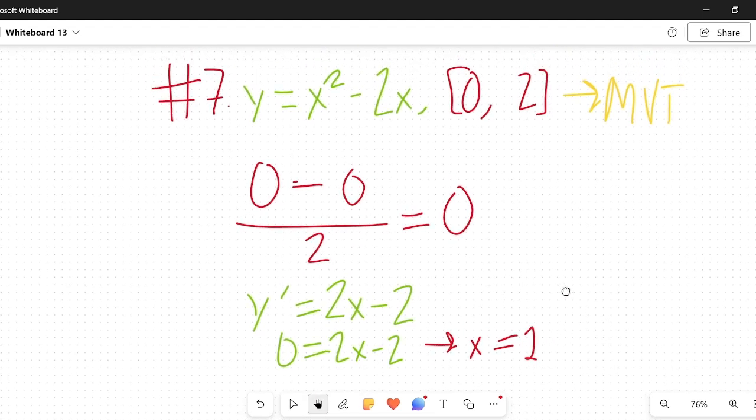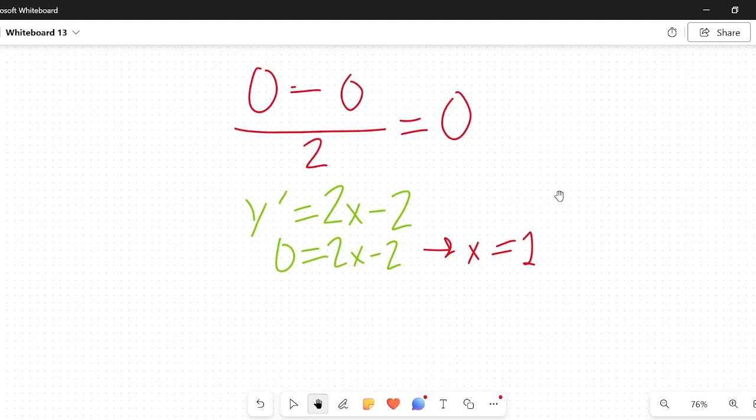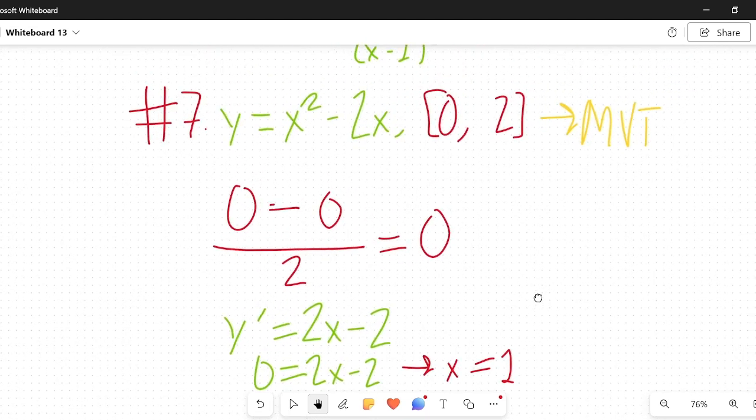So this means that essentially we have proven MVT. And this will be the type of problems. It'll be find some c that proves MVT or something like that, but you're just essentially going to find the x value where the conditions for MVT is actually chosen, right?